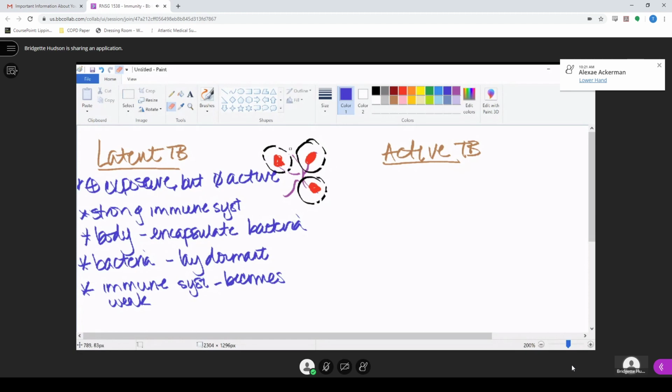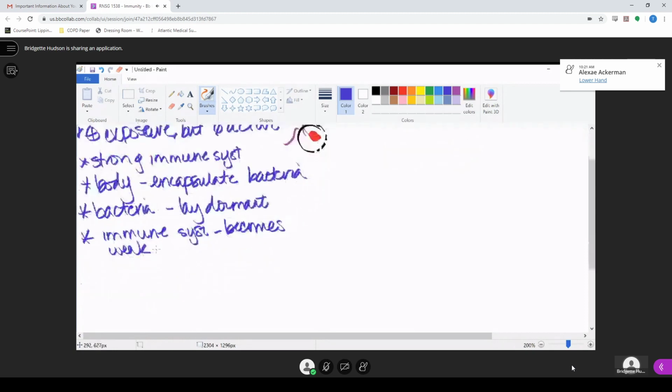And so now the patient will develop active TB. So your latent form now becomes active. So your body holds on to it until the immune system becomes weak or the person gets HIV. Either way, now the person's compromised, and so now this will become active.